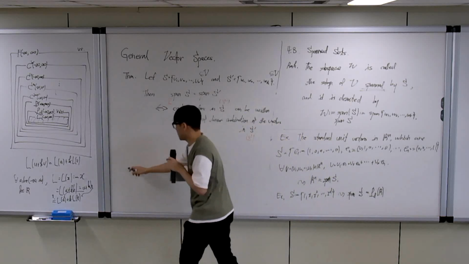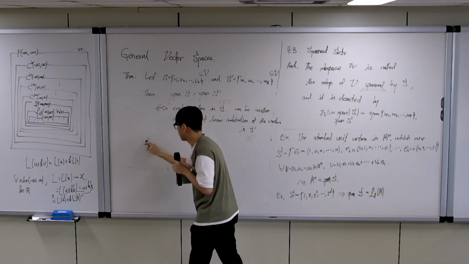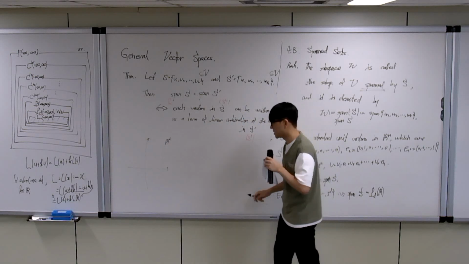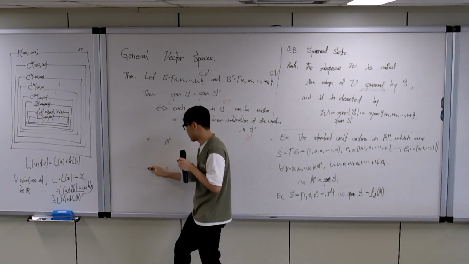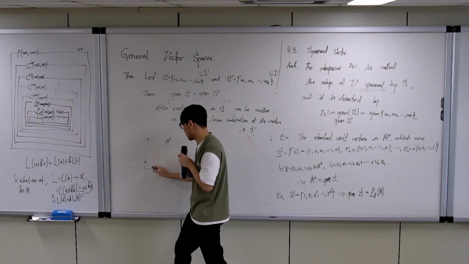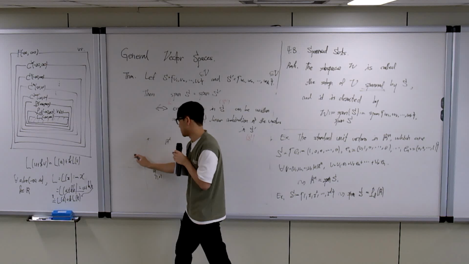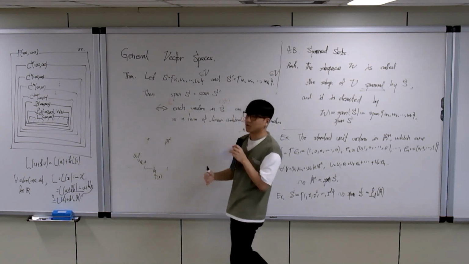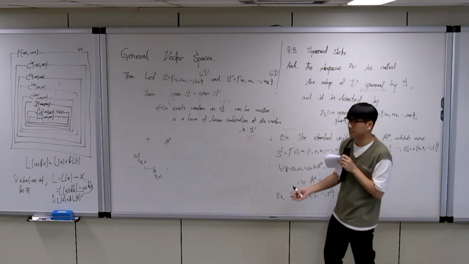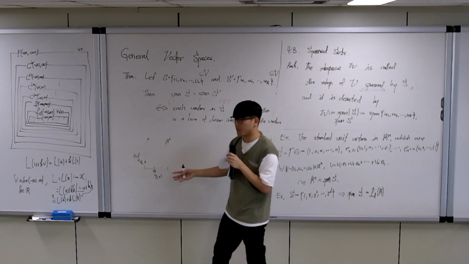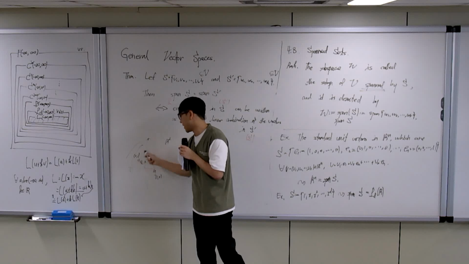Let me give one simple example. When you consider R to the 2 space, if you bring two vectors, E1 and E2, which are (1, 0) and (0, 1), the spanning set of these two vectors will span the whole plane.